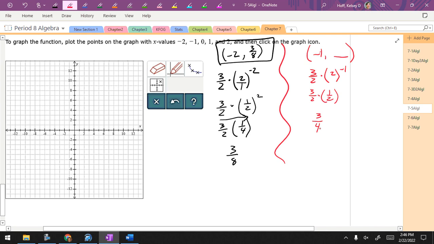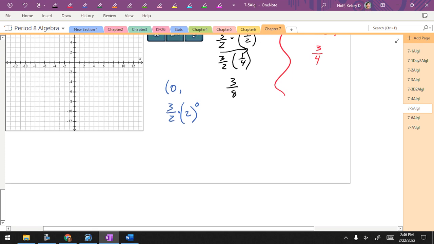I got 3/4. 3/4? Okay. There's my next point. Plug in 0. It is not 1. 2 to the 0 is 1. This absolutely becomes 1. But then you have 3/2 times 1, which is 3/2.